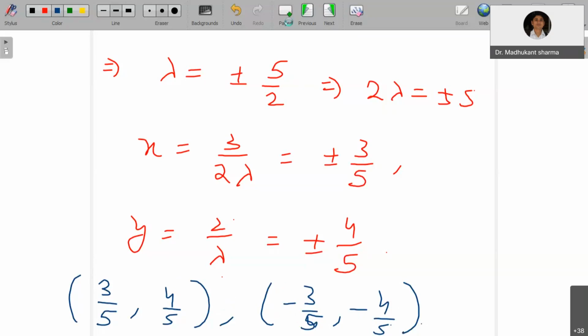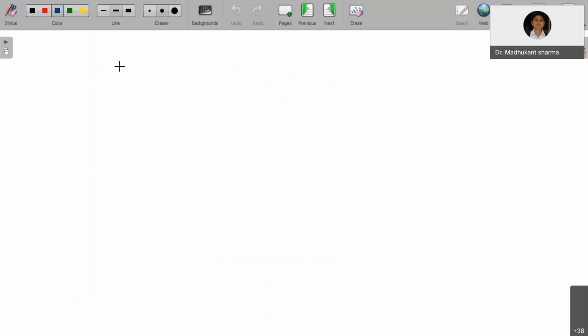Now the maximum value and minimum value. f of 3 by 5 comma 4 by 5 will give you the maximum.